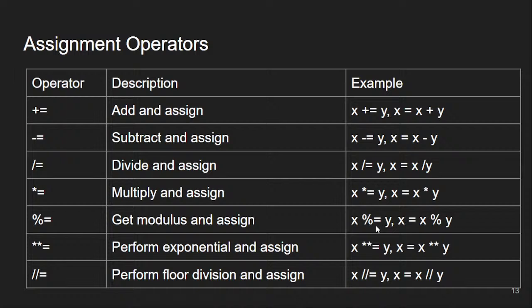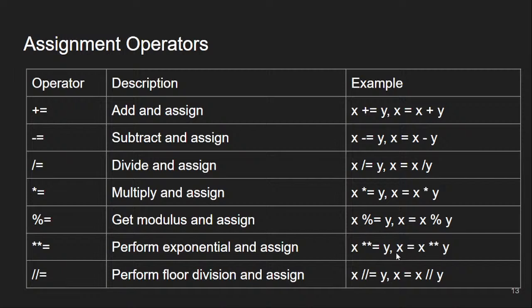So you can do mod, get the modulus and then assign. So basically you do x mod y to get the remainder, and then that remainder you use to replace the value of x. Okay, and you can do the same thing for your exponents. So you can get the exponential value of something and then assign it to override the variable on your left hand side.